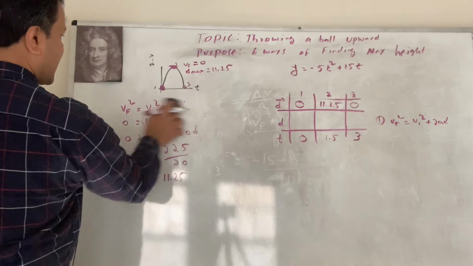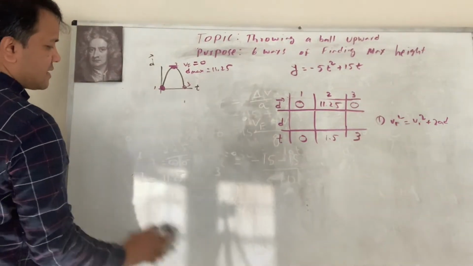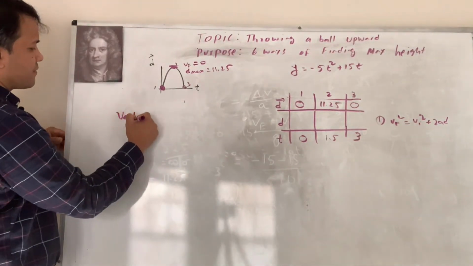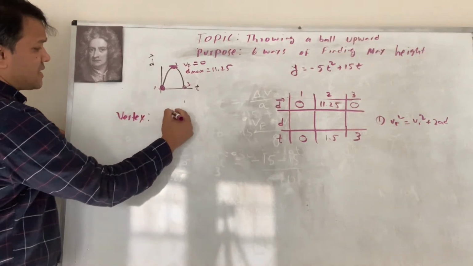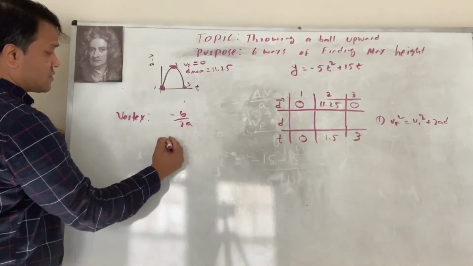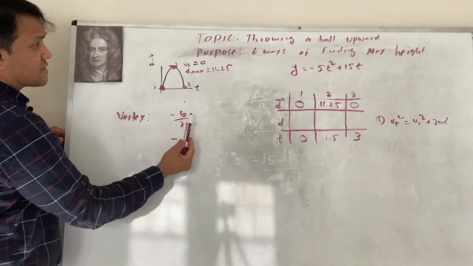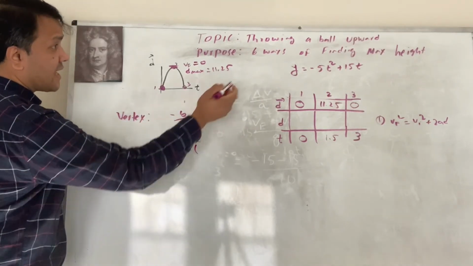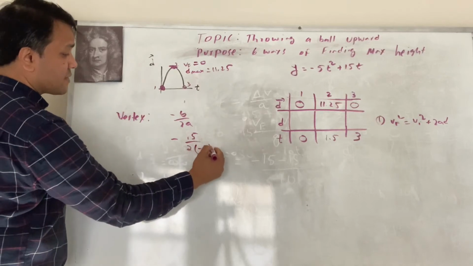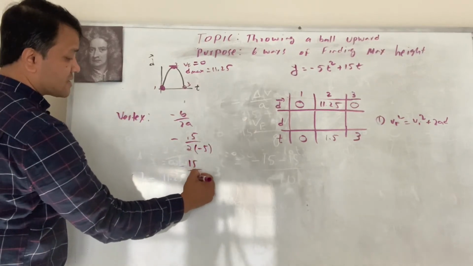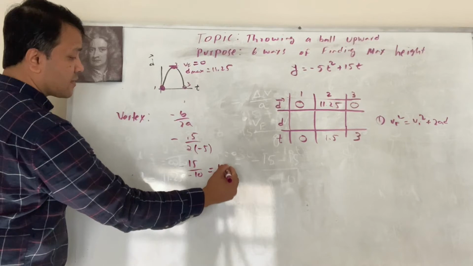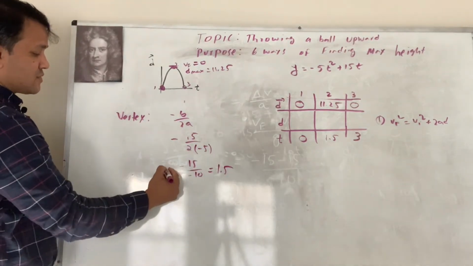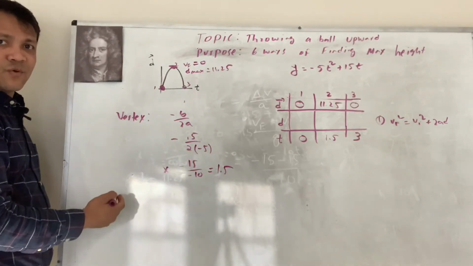Now let's show you the second way. Let's use the vertex formula. The vertex, minus b over 2a, is going to be a quick solution. Minus b is what? b is 15, and 2 times a is minus 10. So minus 15 over minus 10 is 1.5. So the vertex is at 1.5. If x is 1.5, what is y?